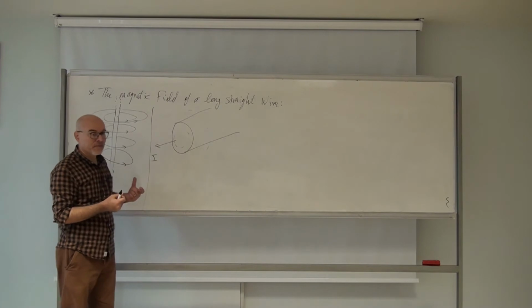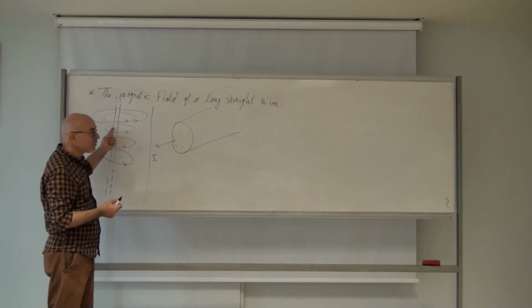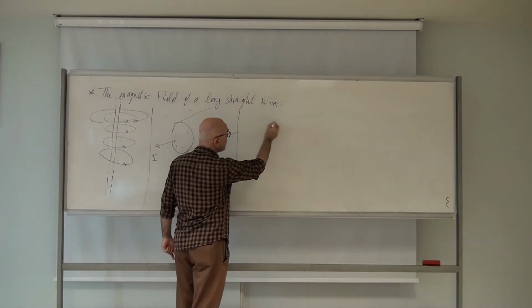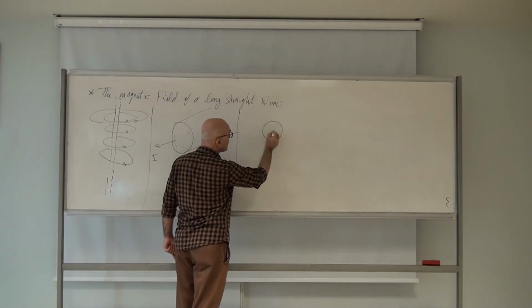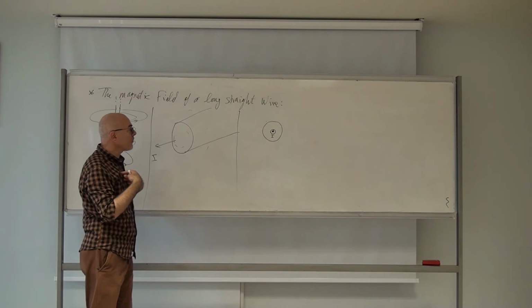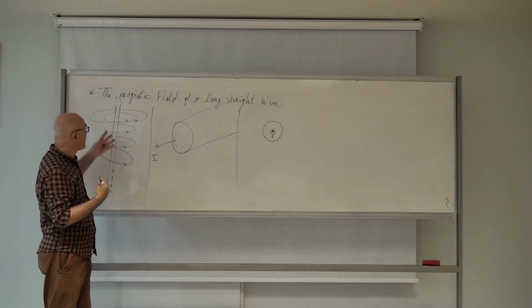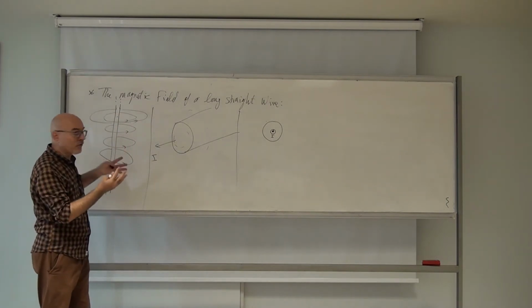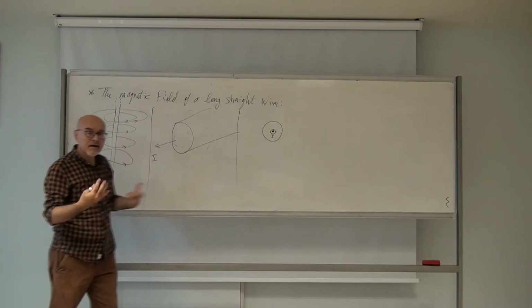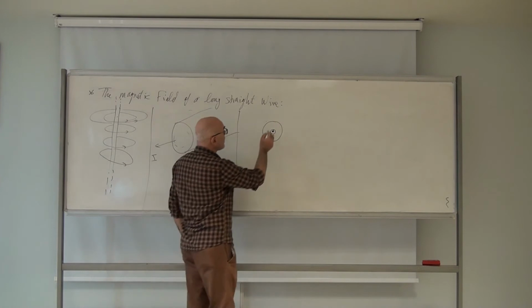Now, from what we have said here, let's start with outside. And let me take a cross section: this is my wire, and this is I passing through it, okay? This is a cross section of the wire. Now, from my knowledge of the magnetic field of the wire, I know the following fact.